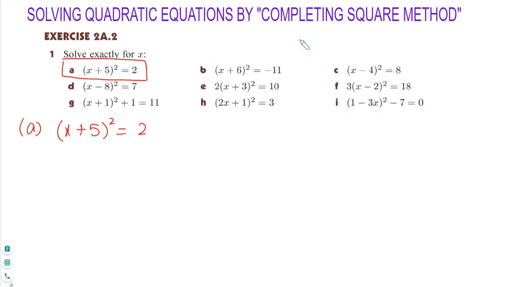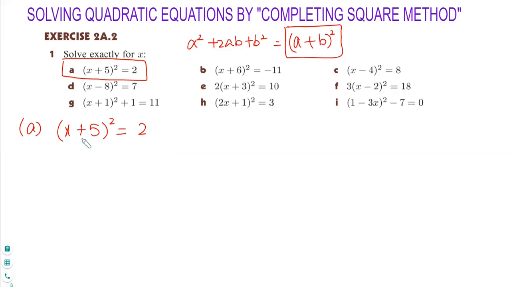Completed square means (a + b) whole square, which is the algebraic identity equal to a square plus 2ab plus b square. So in every question, you have to make the left-hand side of this form, the complete square of a plus b, got it?